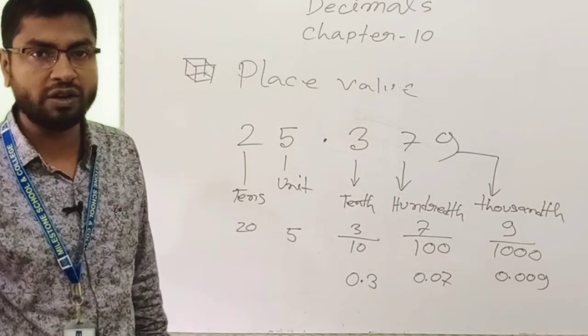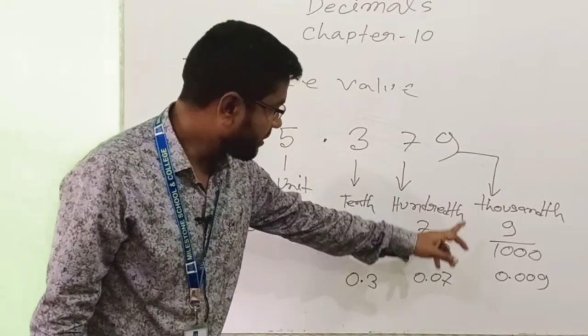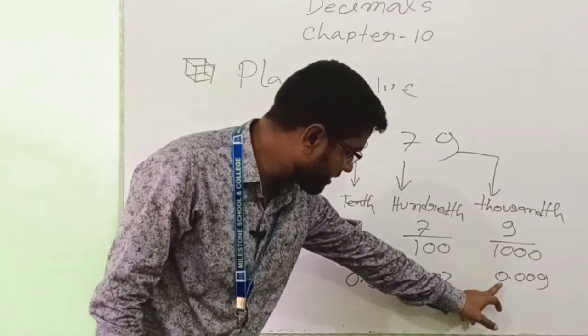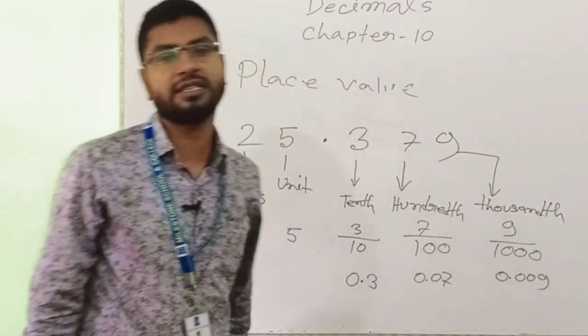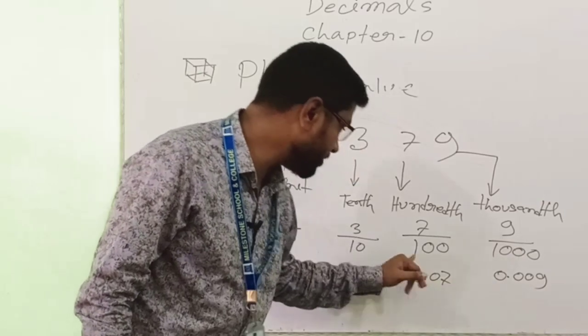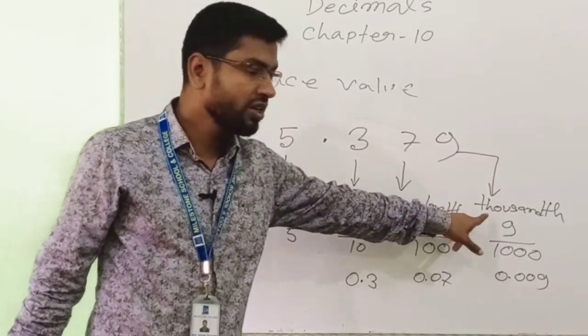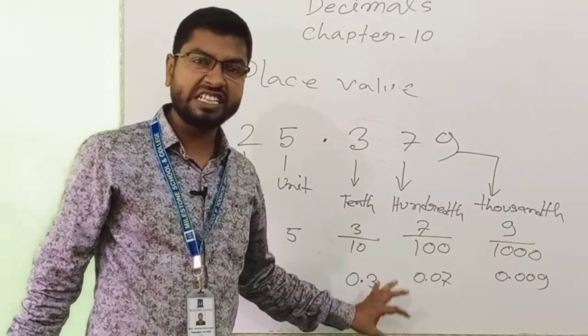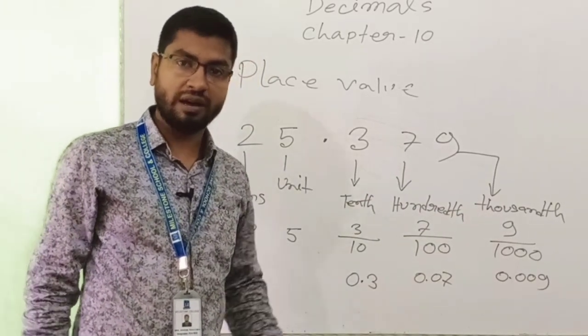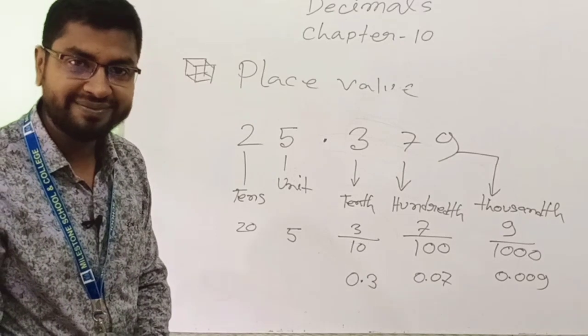Then what is the place value of 9? We can tell the place value of 9 is 0.009. These are the values, but these are the position names. Have you understood about place value?